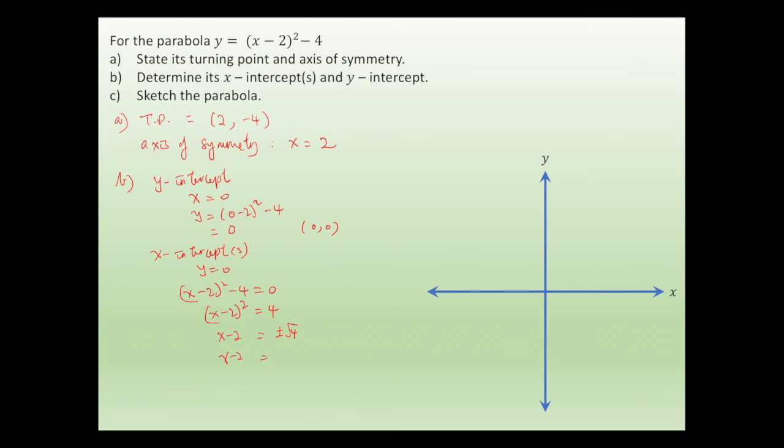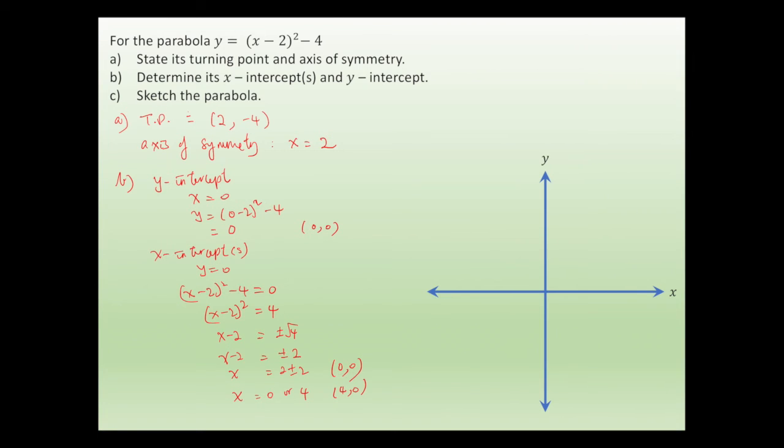So x minus 2 equals plus or minus 2. x equals 2 plus or minus 2. Therefore, x equals 0 or 4. 2 plus 2 is 4, 2 minus 2 is 0. So the x-intercepts are (0, 0) and (4, 0).